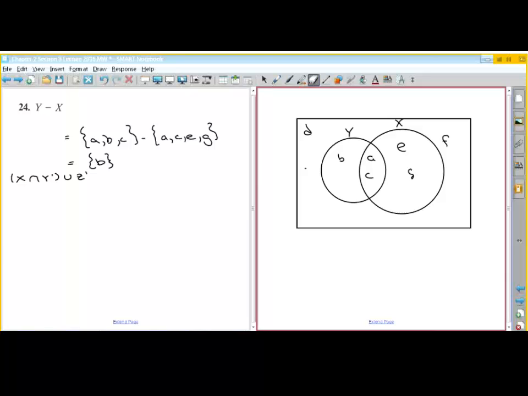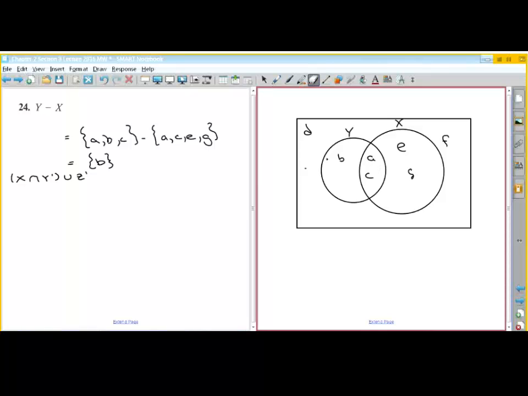If we said, what's the complement of Y? Well, that would be everything that's not in Y, but in the universal set. So Y prime would be D, E, G, and F. The complement of X would be B, D, and F, everything that's not in X.